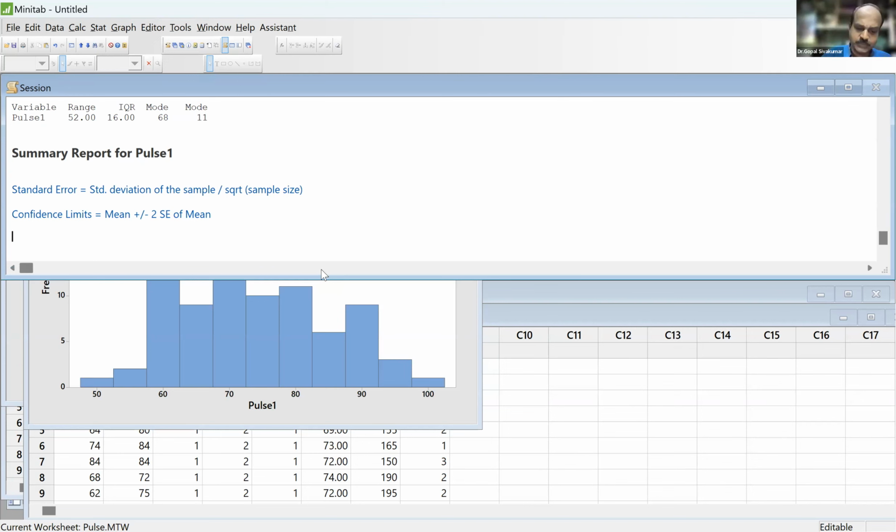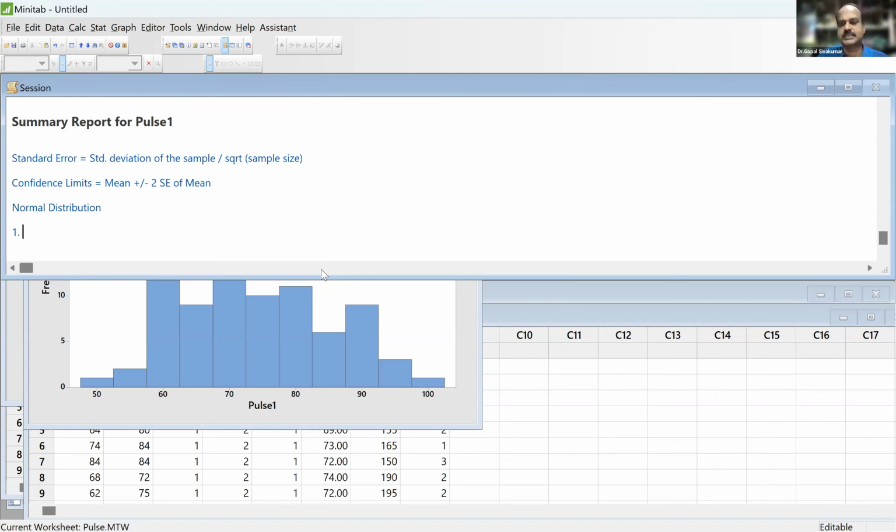Now, we all studied normal distribution last Sunday afternoon, isn't it? What are the properties you remember? What is the first property? Symmetrical about the average, the mean.